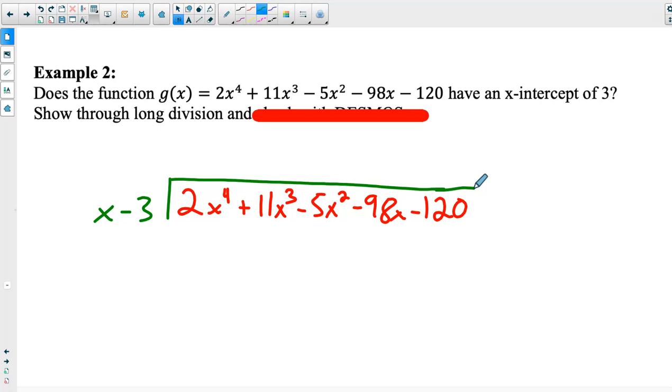What do I multiply by first? I'm going to combine both your answers. 2x cubed.